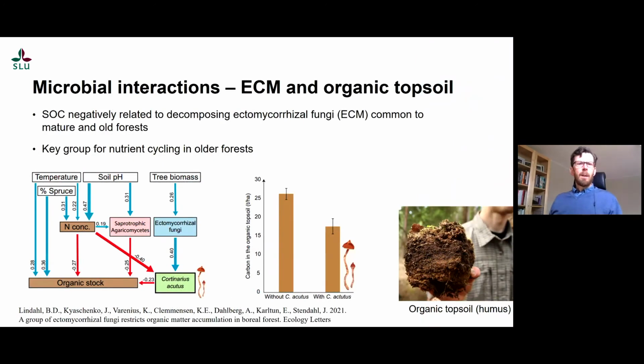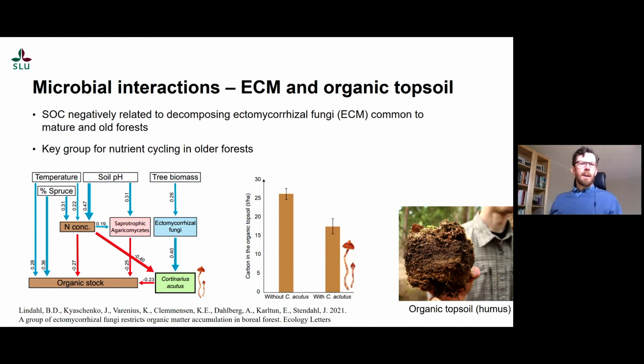Here is an example of a recent study looking into microbial interaction with ectomycorrhizal fungi and its relation to organic topsoil carbon storage, showing that key groups of ectomycorrhizal fungi that have the ability to decompose soil organic carbon and humus can be negatively related to soil organic carbon.